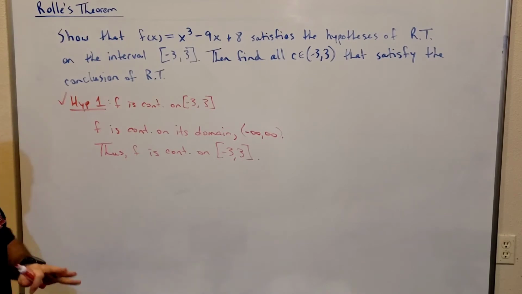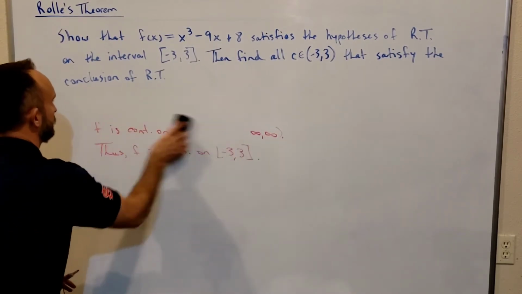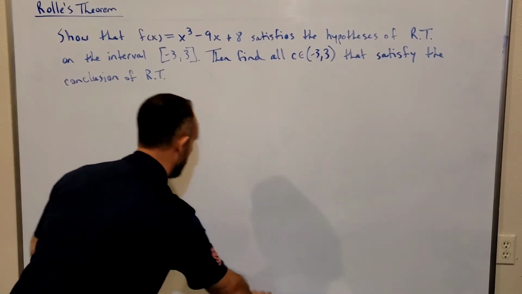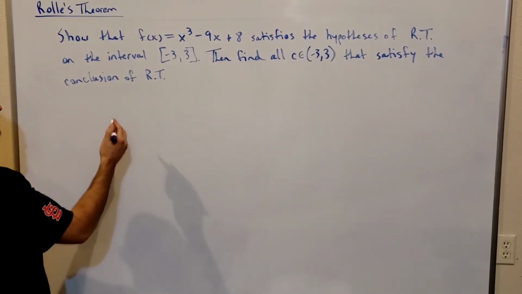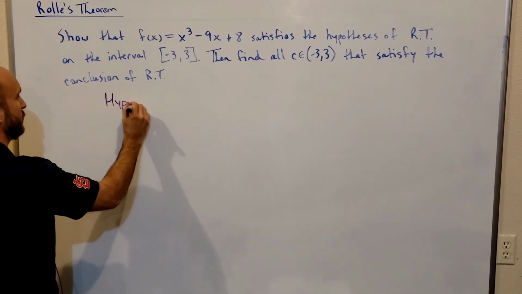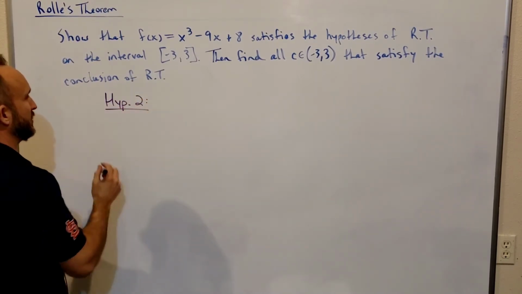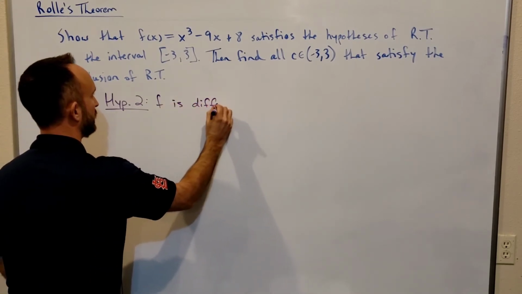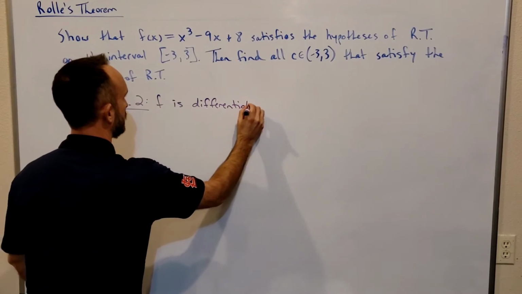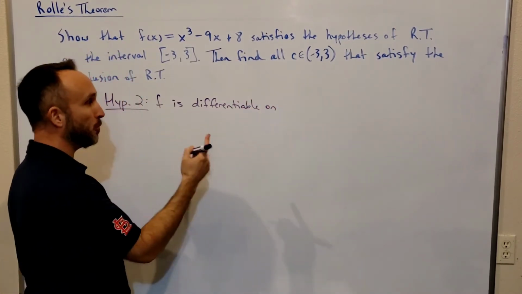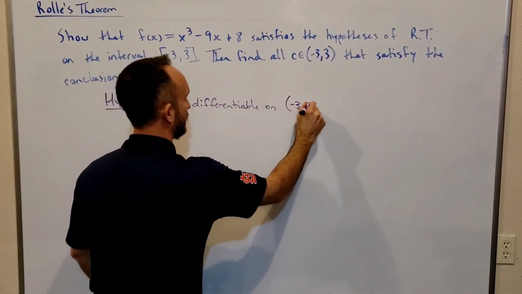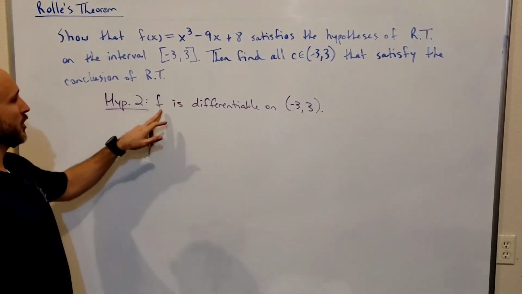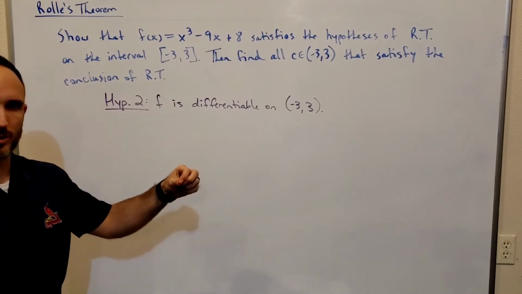Let's prove hypothesis 2, which states that f is differentiable on the open interval from negative 3 to 3. So we have to show that that's true. If I want to show where f is differentiable, I better look at the derivative.